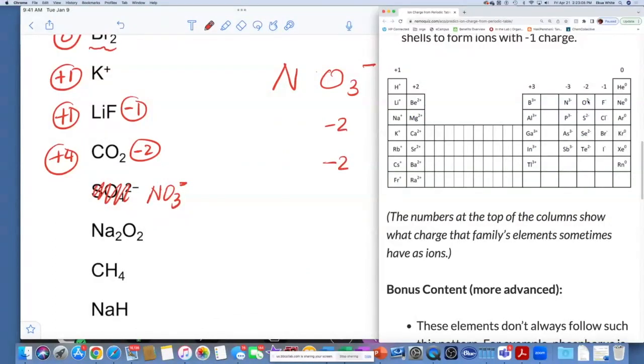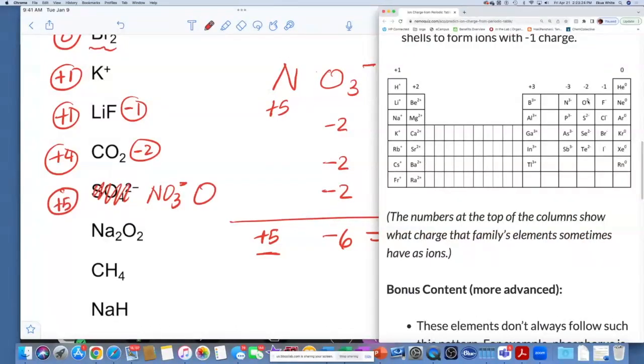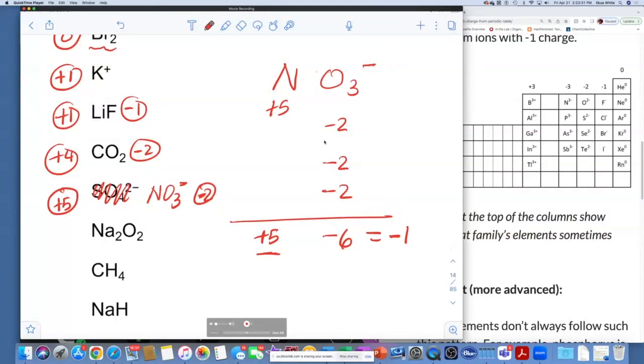So -2 oxidation state, and -2 oxidation state, -6. Overall is -1. So whatever this has to be based on what we're working with here, this has to be +5, right? +5. So if I put nitrate here, the N has to be +5. Then each O has to be -2 for this to work out.